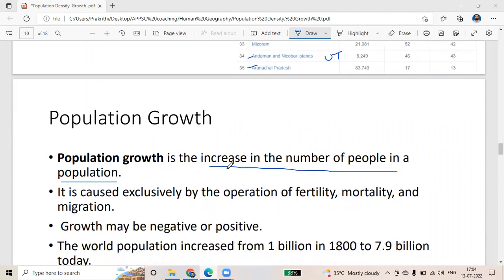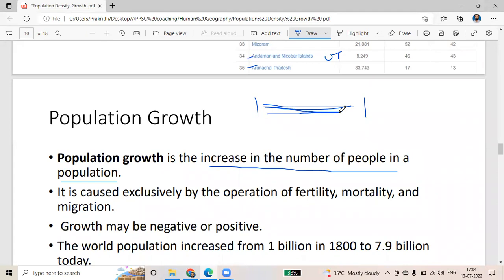So that is population growth, increase in the number of people. There will be a time span, 1 year, 10 years, 50 years, 100 years, all this will come. So there is a time period given.